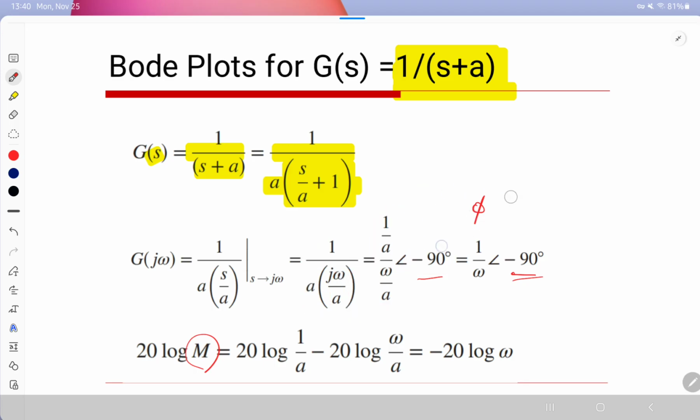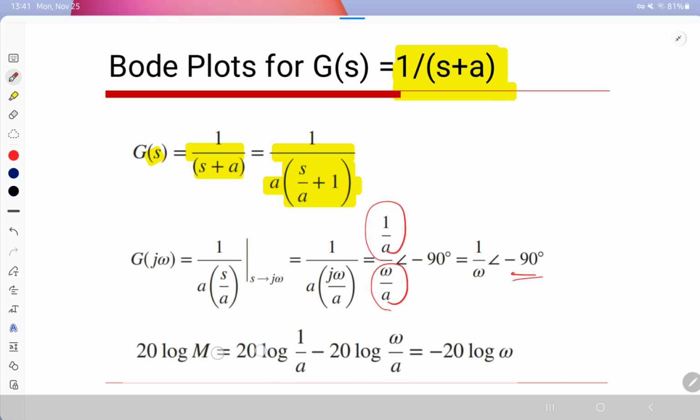Anything that's in the numerator, you're adding. So this is a plus 20 log 1 over A, and anything in your denominator, you subtract. So 20 log omega over A.